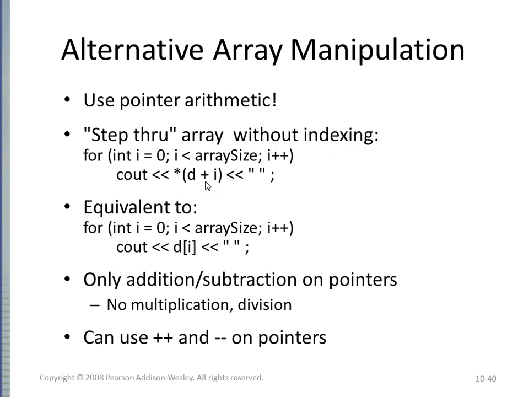Now believe it or not, guys, in C++ behind the scenes, when we write such code, C++ will convert it to this code. Okay? So it will actually dereference plus an offset. This offset is the array index.